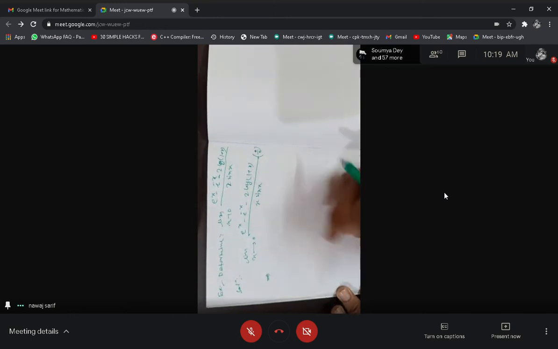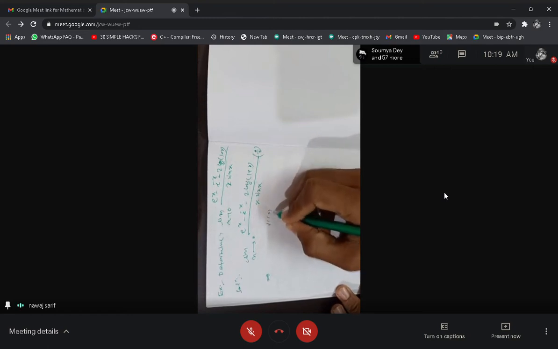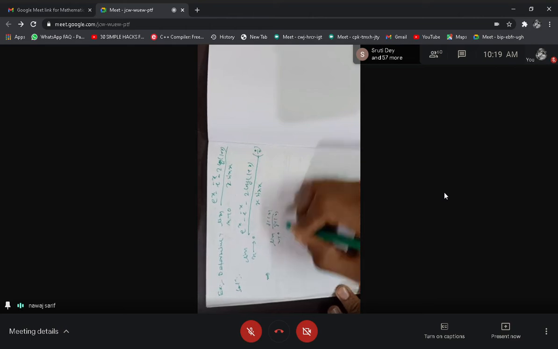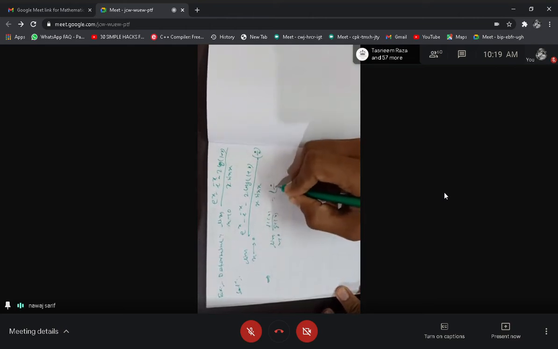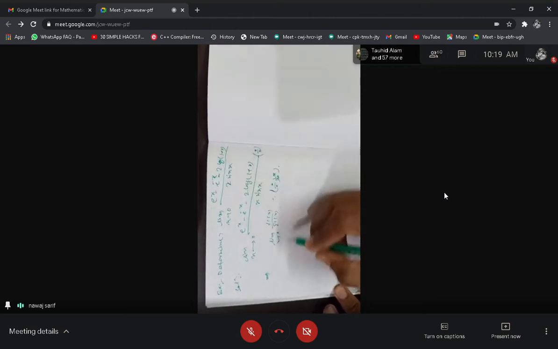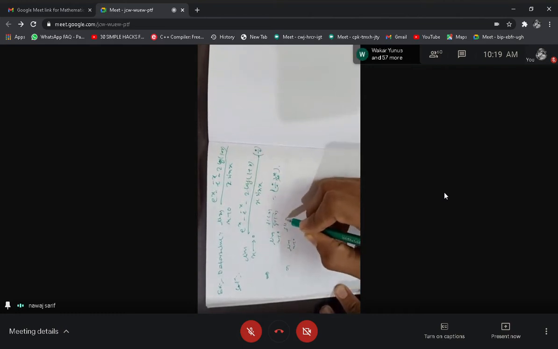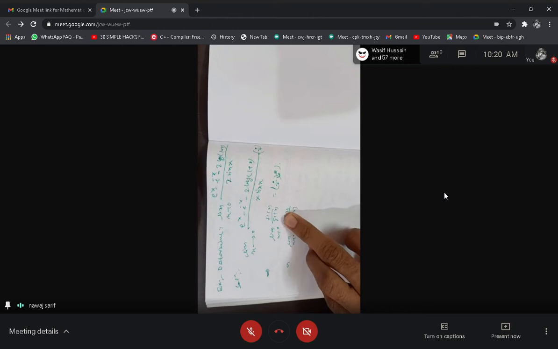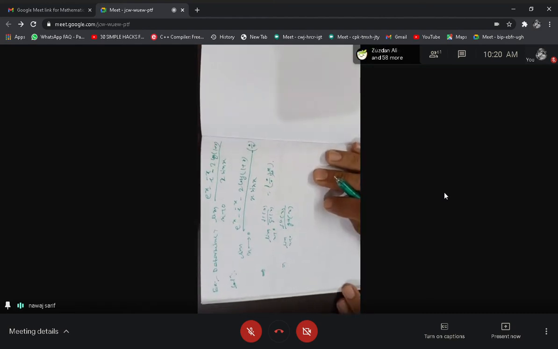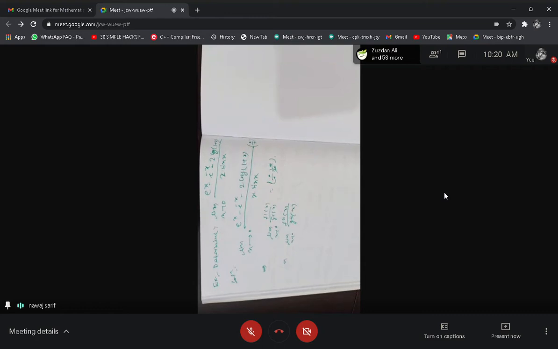If you apply the limit on this derivative term and it is again 0 by 0 or infinity by infinity or another indeterminate form, then you can find the derivative another time and then apply the limit. This rule is called L'Hospital's rule for finding the limit of indeterminate forms.